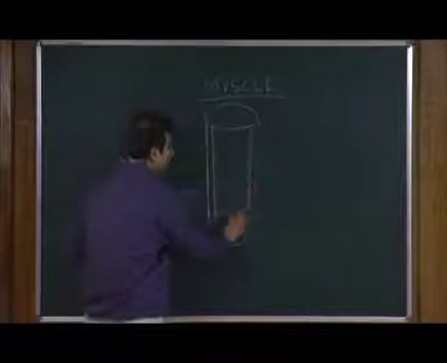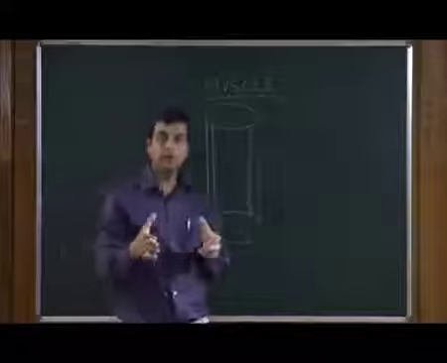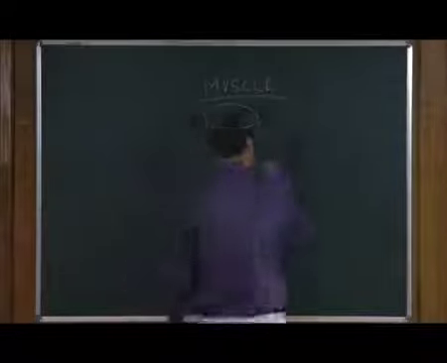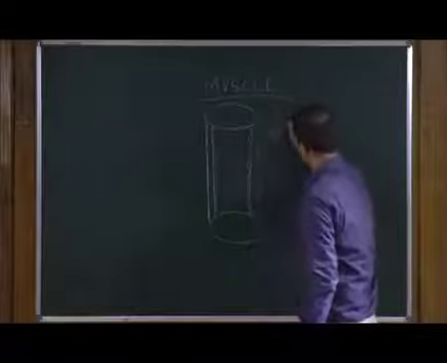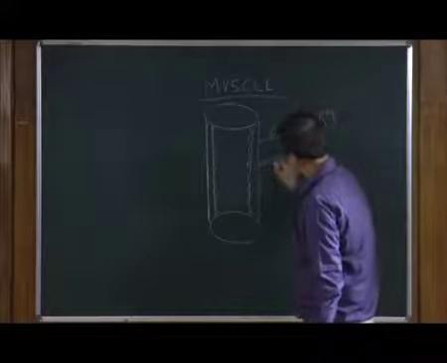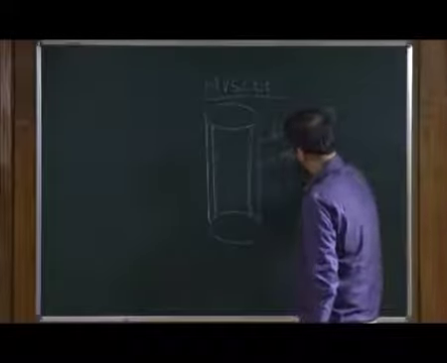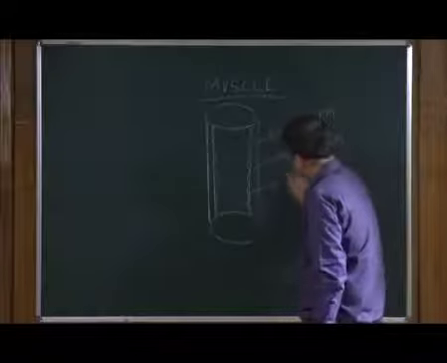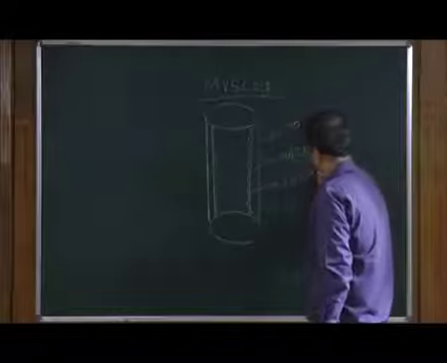So if we divide the whole body cavity in the form of a cylinder, the outer covering is called ectoderm. The middle one is called mesoderm, and the inner lining is called endoderm.